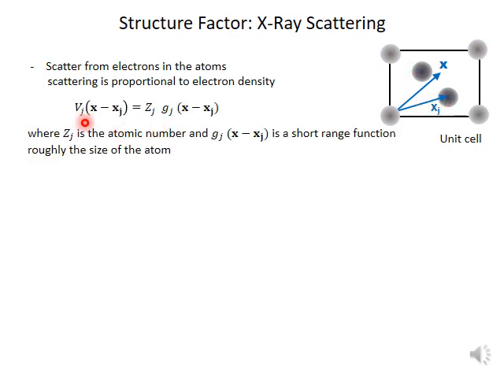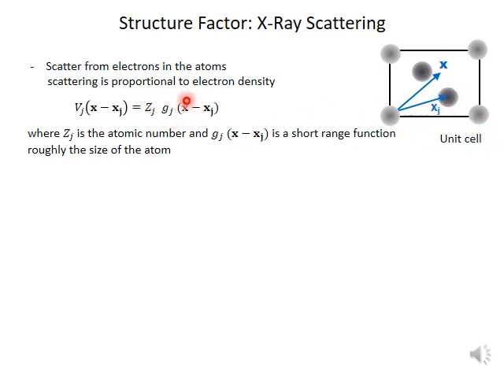So naively one can understand that the scattering potential of a certain jth atom, which is centered at xj, is given by two factors: a function gj which is centered on that jth atom, and it gives you the density of the electrons, of the electronic cloud within an atom.